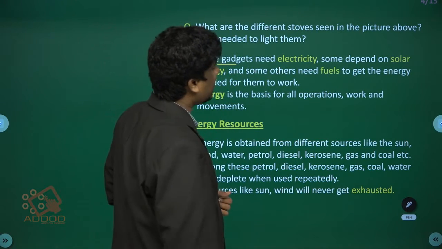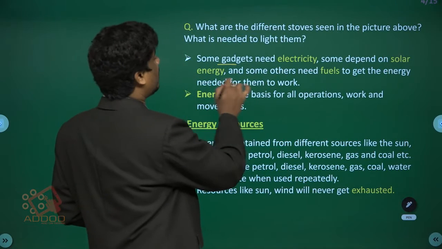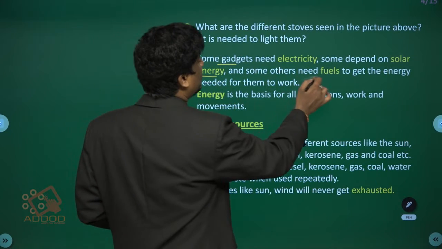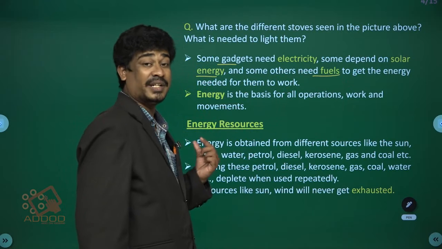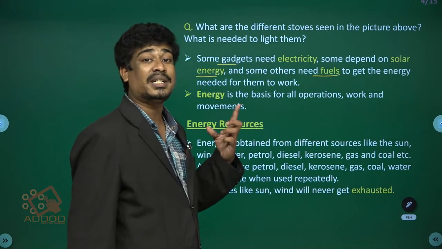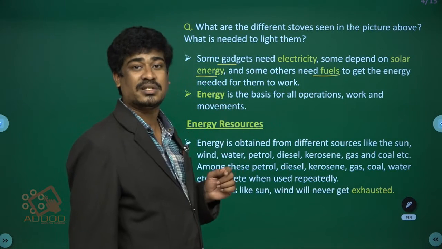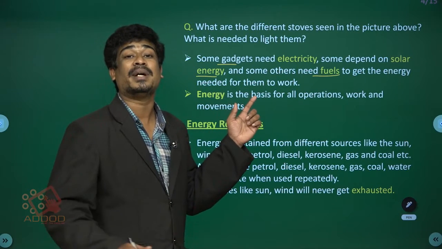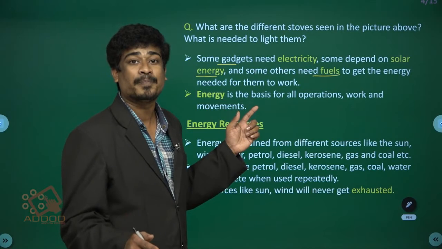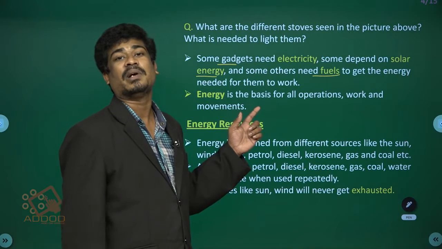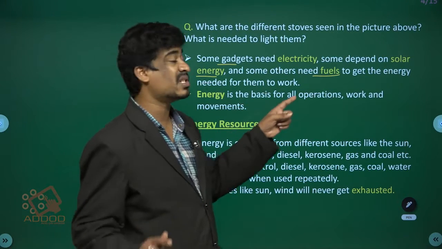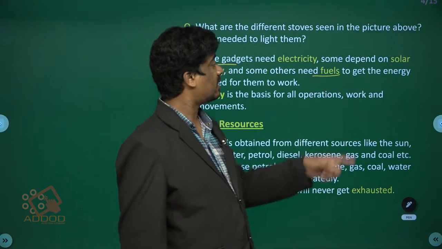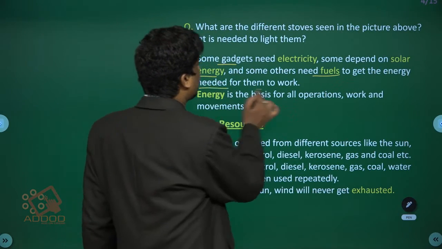Some gadgets need electricity, some depend on solar energy, and some others need fuels. Already I had told, to work a generator, diesel is required, isn't it? So those are called fuels. To burn the stove, kerosene is required. One stove requires kerosene, one stove requires LPG.